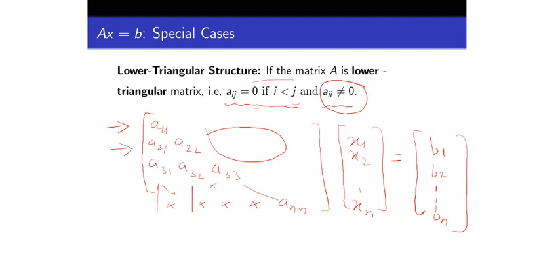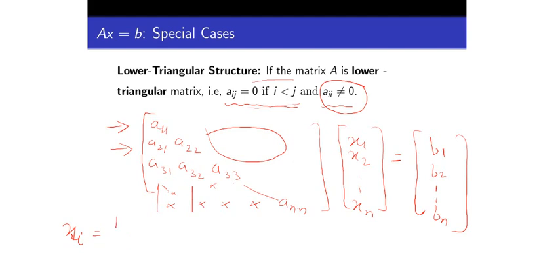Then using x1 and x2 you will use x3 and so on. So how this xi will look like is bi, so yes, 1 by aii.